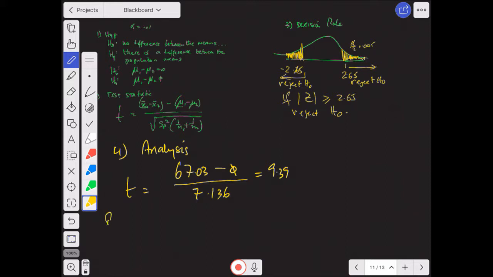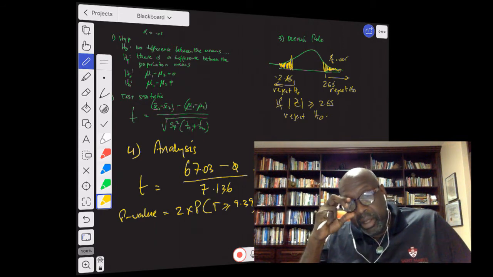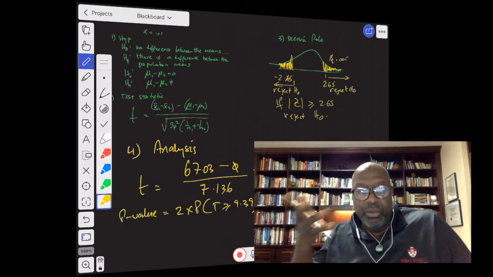So that's our t-value. And of course, you can see that it's greater than 2.65. Let's find the p-value. Because it is a two-tailed test, it is twice the probability of t being greater than or equal to 9.39. We don't have that 9.39 in the t-table. If you go along the 68 degrees of freedom, trying to find 9.39, you won't find it.